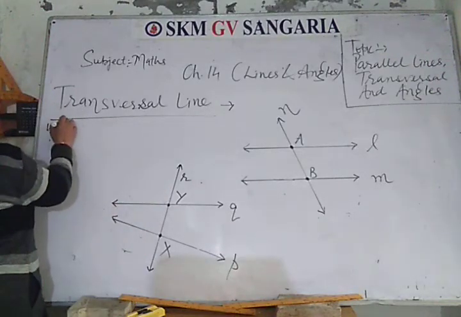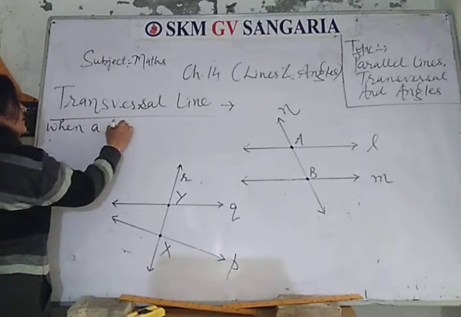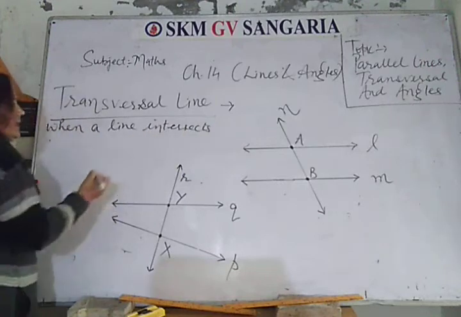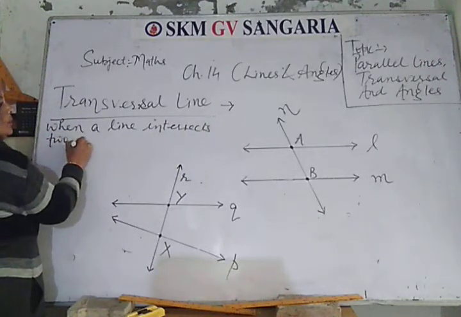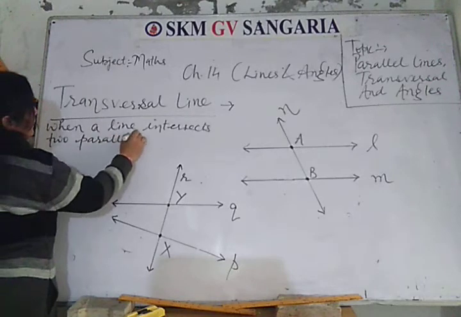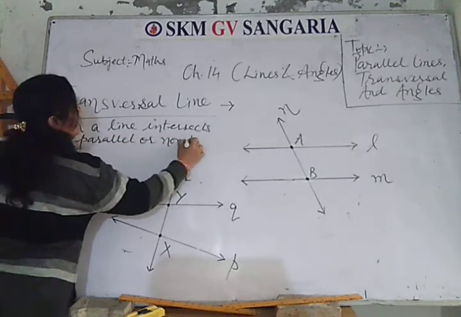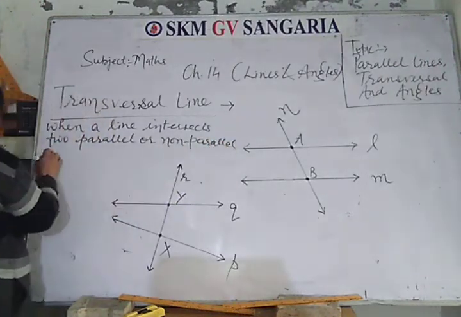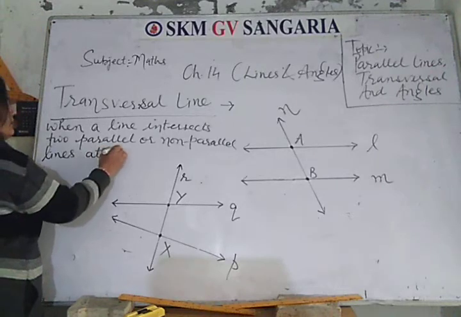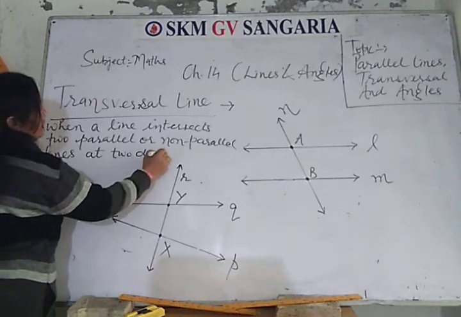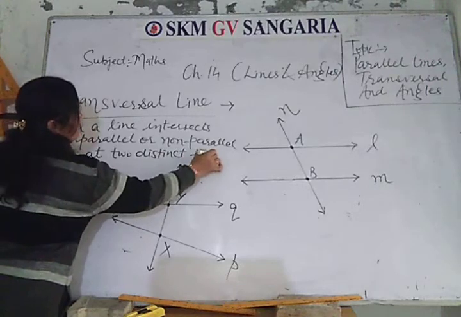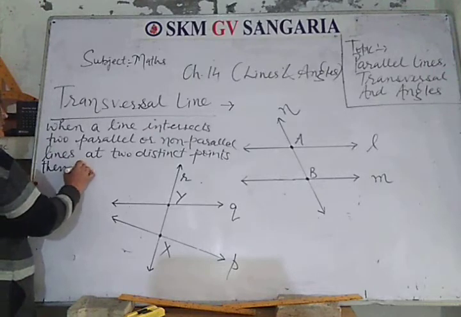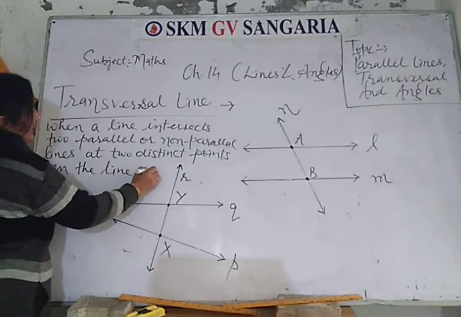Okay, when a line intersects two parallel or non-parallel lines at two distinct points, then the line will be called a transversal.